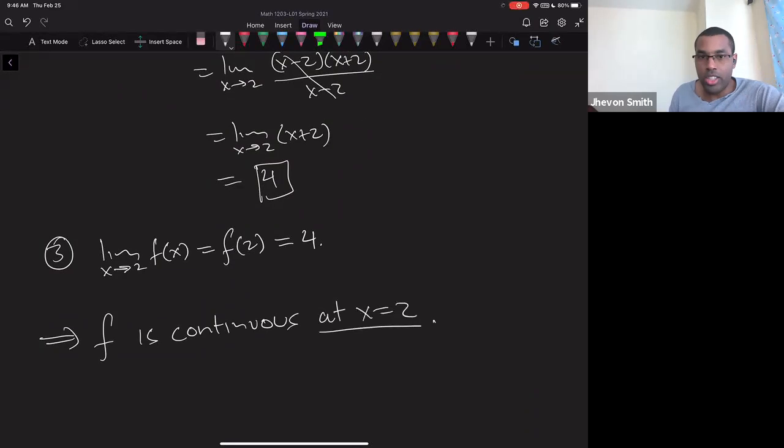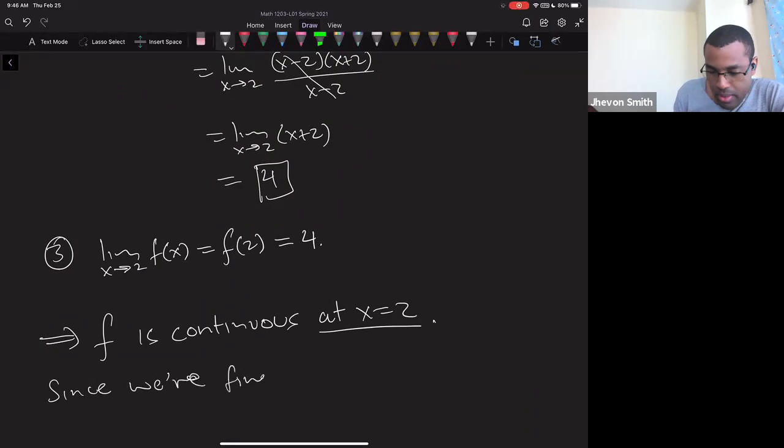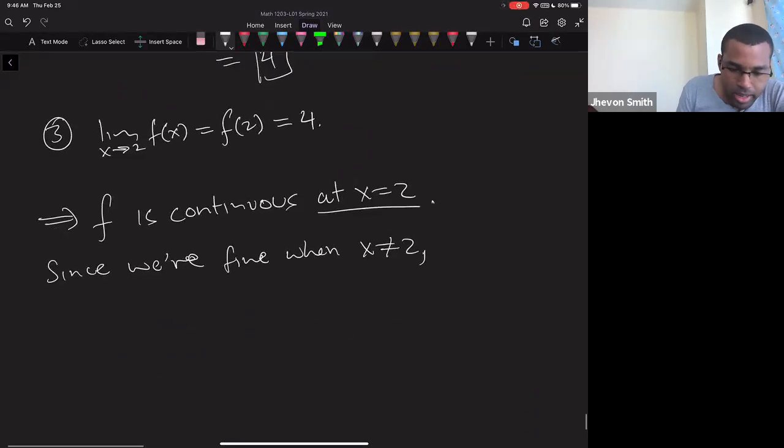I just did the calculations to show at 2. And then I can say, since we're fine for not being at 2, I can then make the conclusion that f is continuous everywhere.